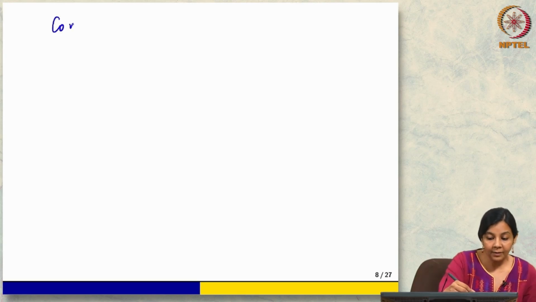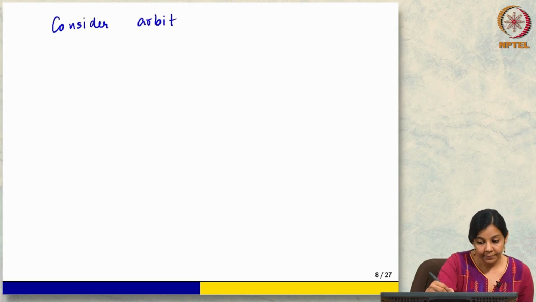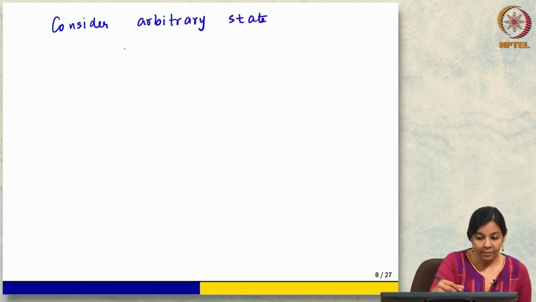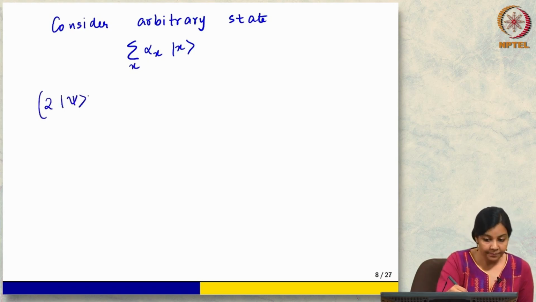Okay. So, consider an arbitrary state summation alpha x, x, and now I am applying this map, right.